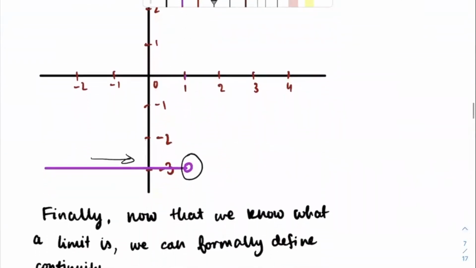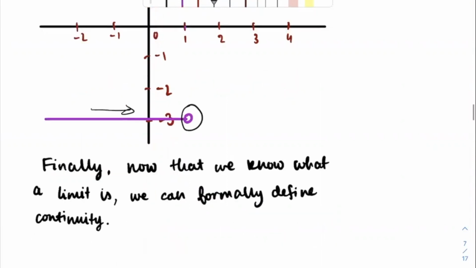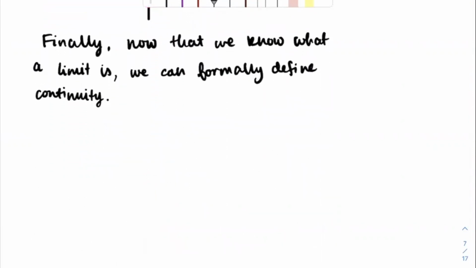All right. And finally, now that we know what a limit is, we can more precisely define continuity. So we first want to define continuity at a point. So f is continuous at some point a, where a is just any point, provided that firstly f has to be defined at a.